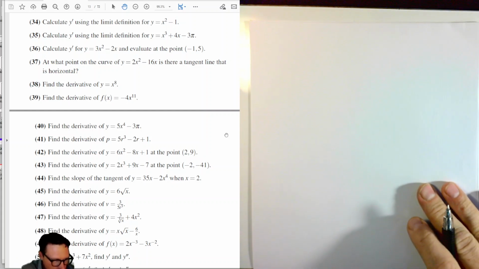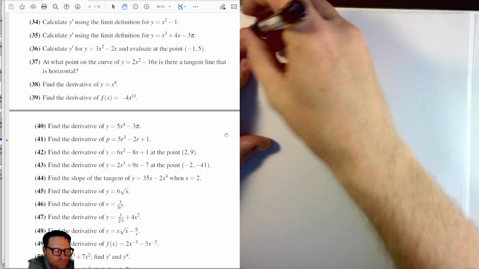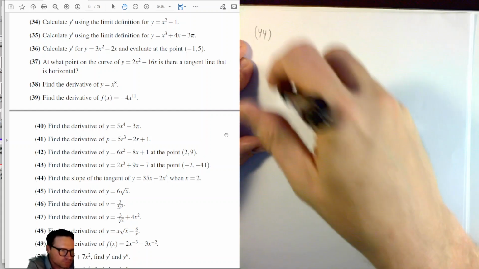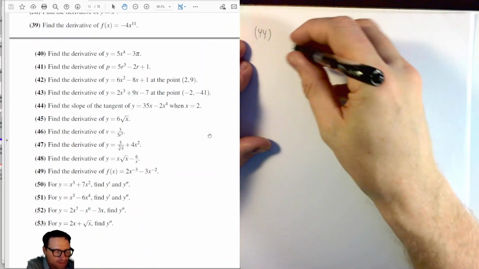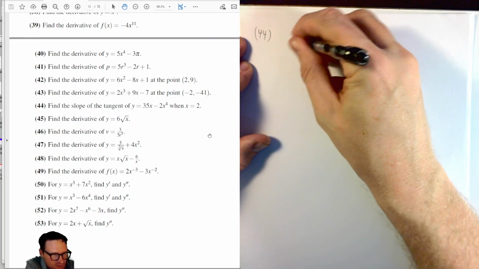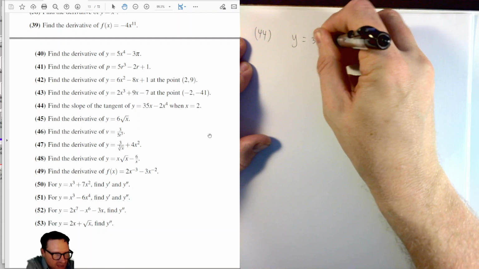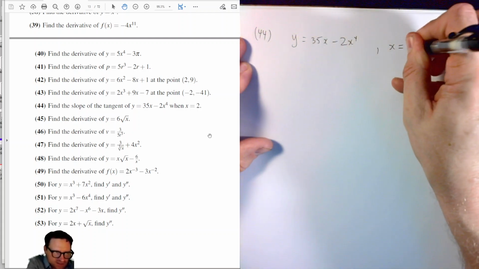Okay, so that brings us to question 44. Find the slope of the tangent of the function y equals 35x minus 2x to the 4th when x is 2.